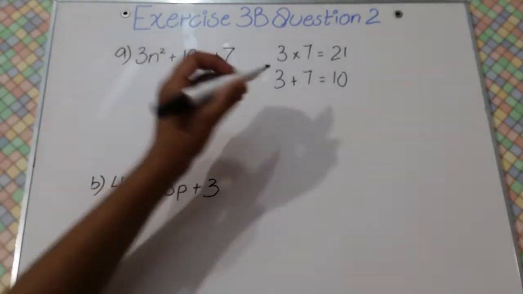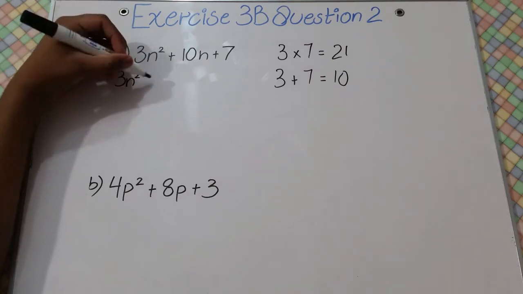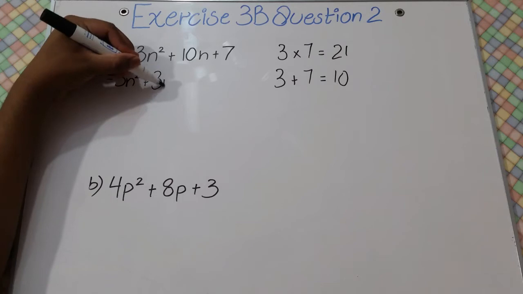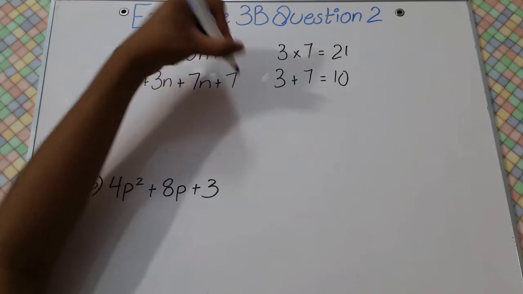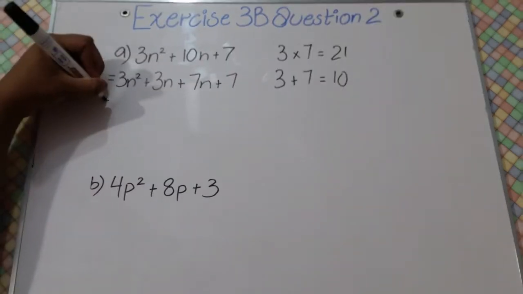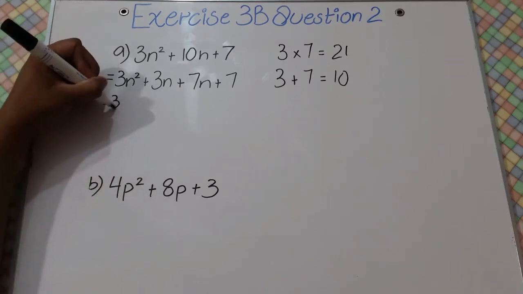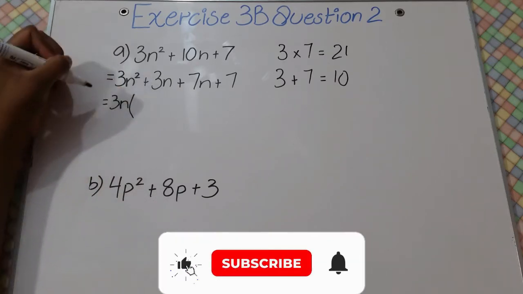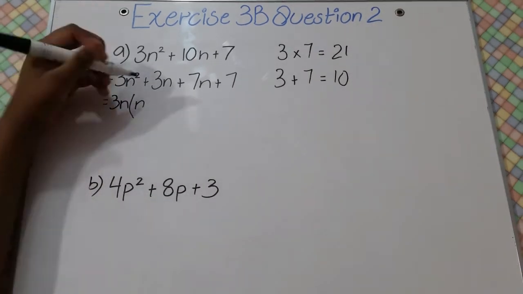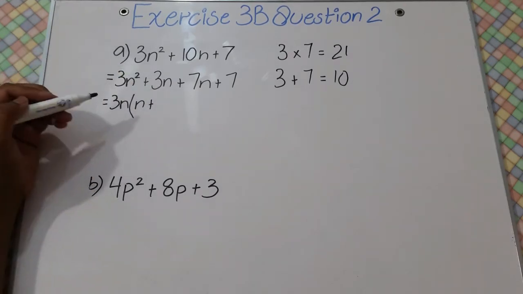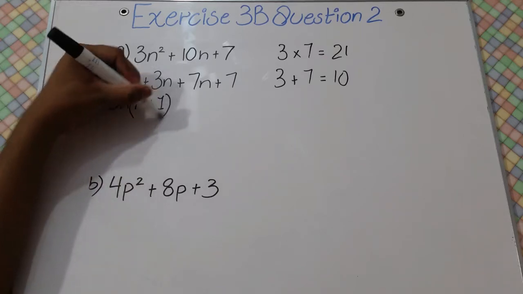Over here I'm going to write the middle term split: 3n square plus 3n plus 7n plus 7. Now we are going to take the common. Over here common is 3n, and as it's n square, 1n would be inside, and 3n multiplied by 1 would be 3n, so n plus 1.